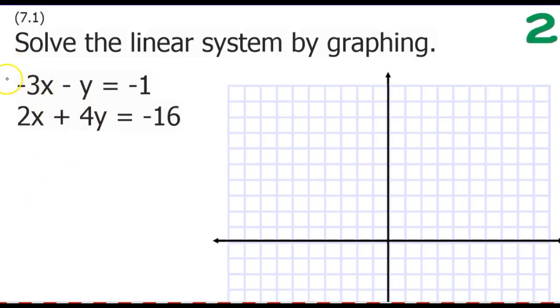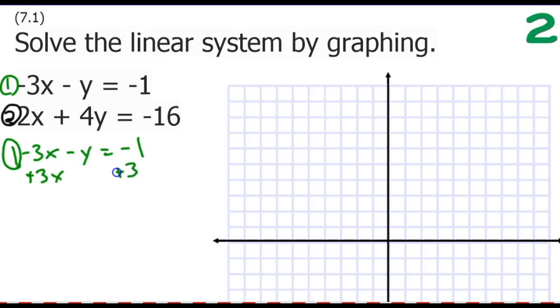Alright, again, we have another one that we're solving by graphing. So we have equation 1, and we have equation 2. Equation 1, we have negative 3x minus y equals negative 1. We'll start by adding 3x.